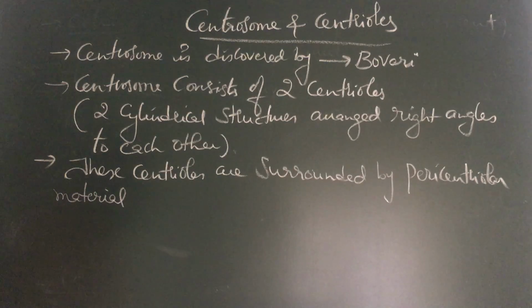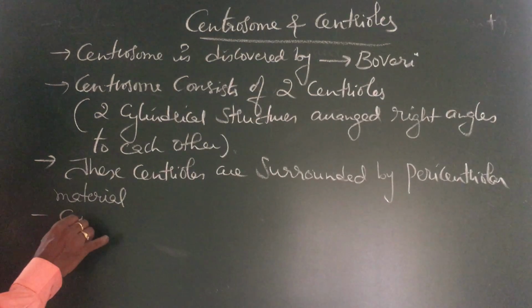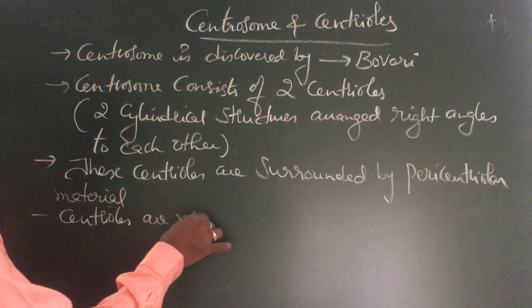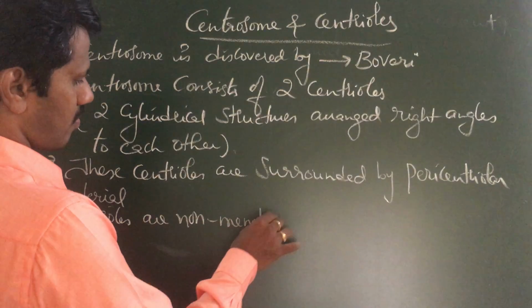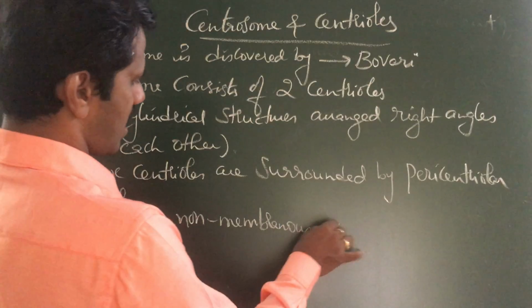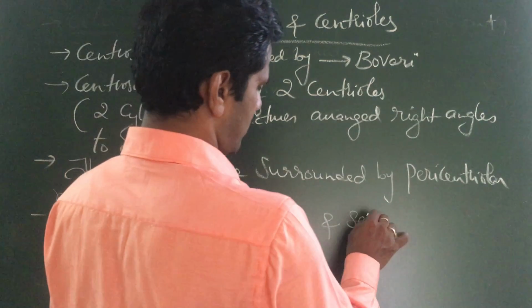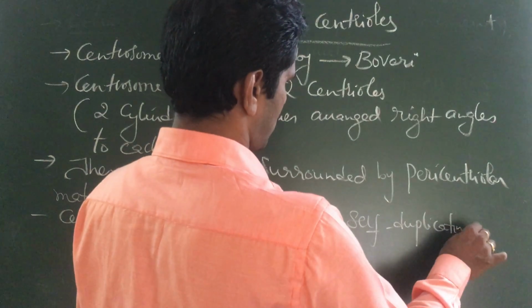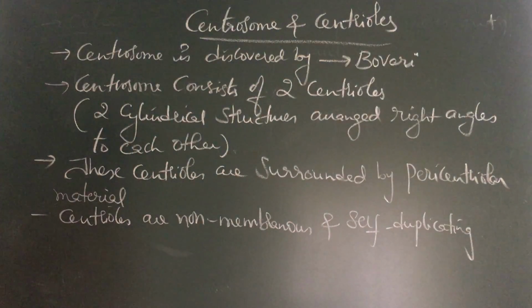So they are non-membranous, seen in pairs and self-duplicating units. Centrioles are non-membranous and self-duplicating structures.